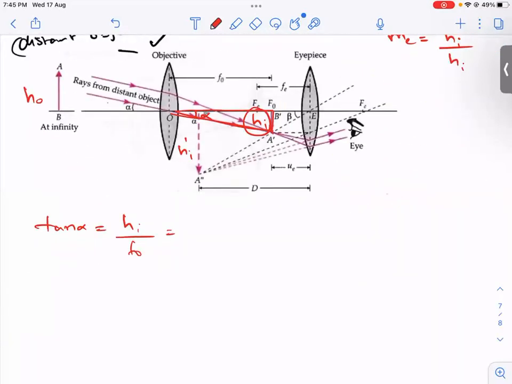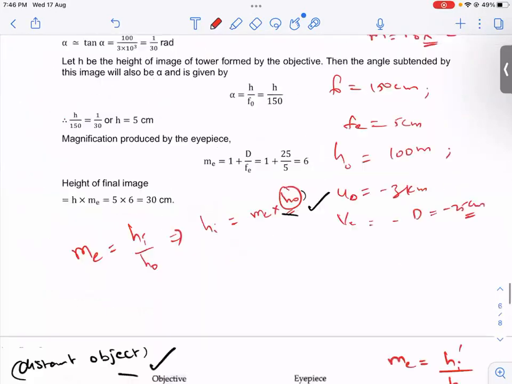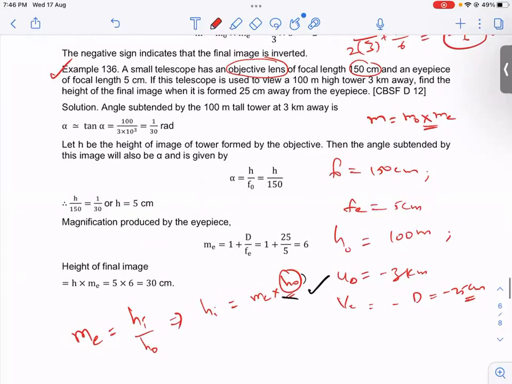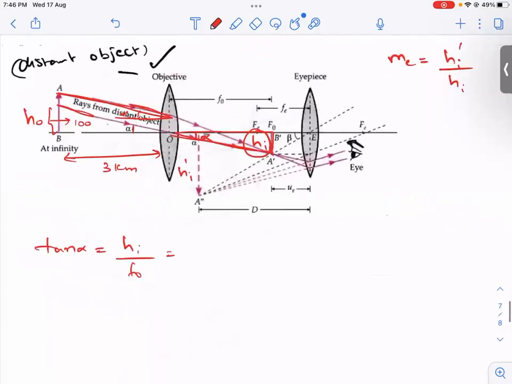I can also take this length. So this is also alpha, this is also alpha. If this height is 100 and this distance is 3 kilometer, is it 100 kilometer or 100 meter? 100 meter, no?